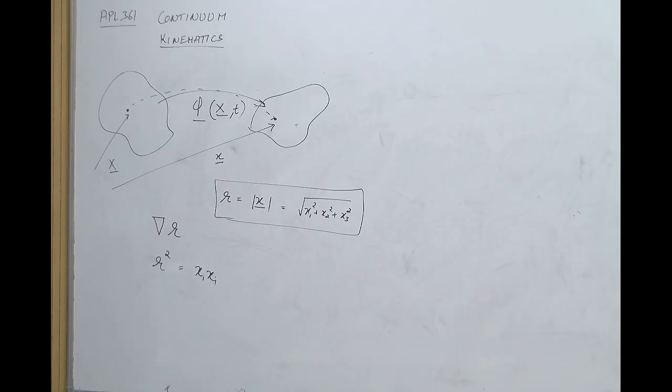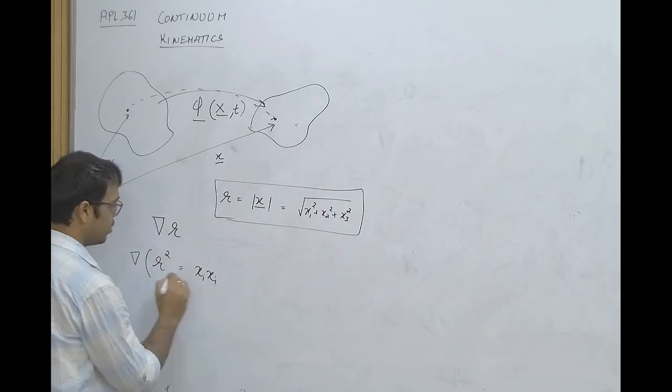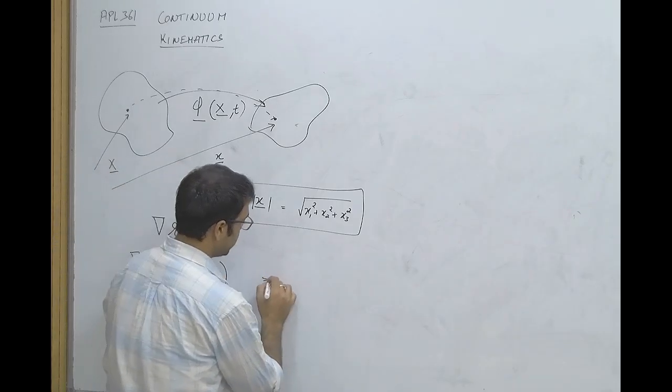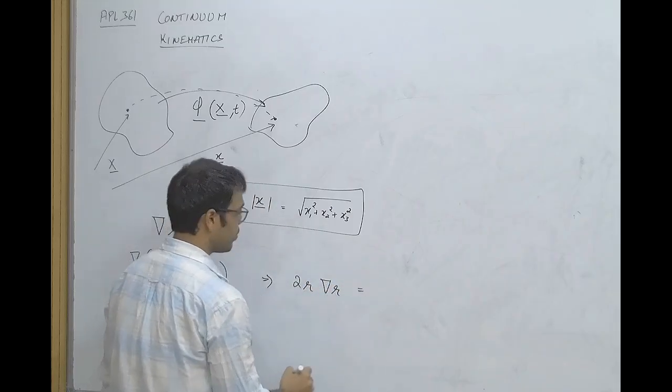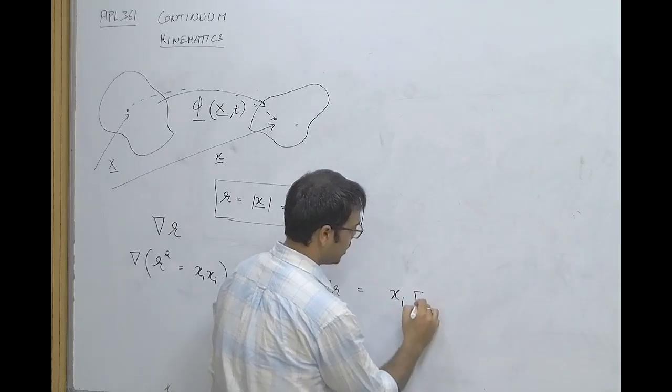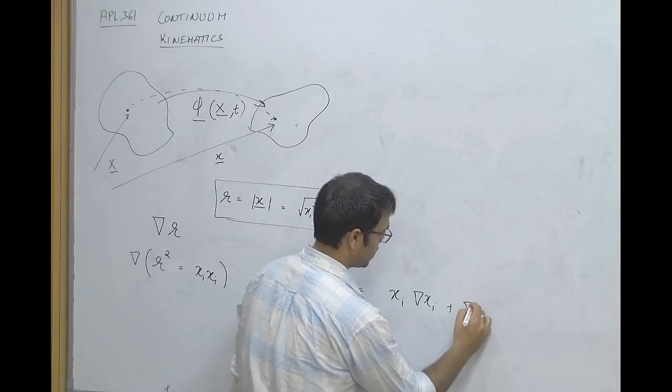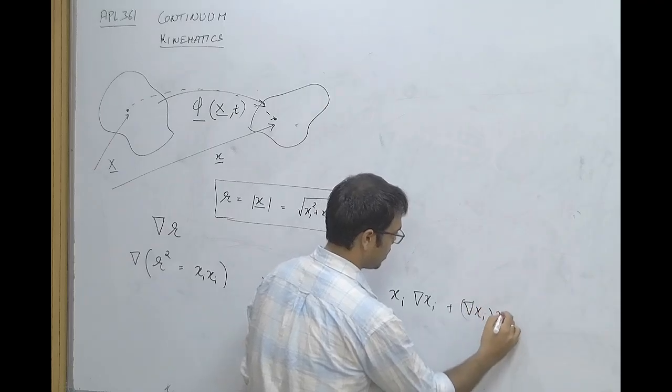R square is xi xi. So when I take a gradient of this equation, what I get is 2R grad R equals xi grad xi plus grad xi times xi.